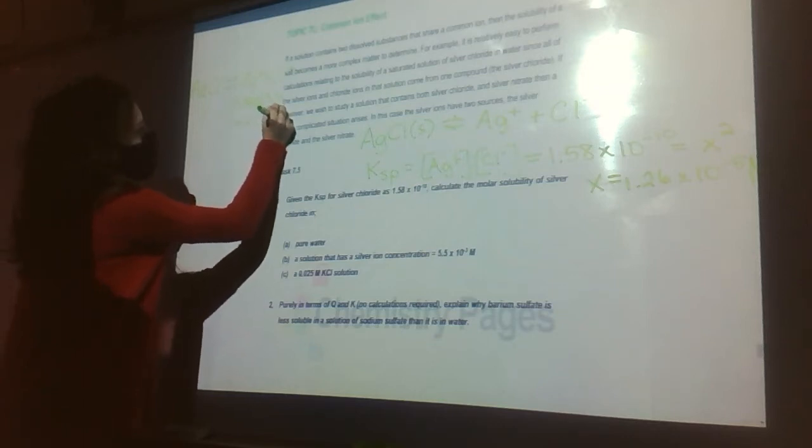I'm trying to dissolve this in a solution that already has silver in it. Does everybody agree that that's going to decrease the amount of solubility? How much it's going to dissolve? There's already junk in there. Okay. Same thing though. Plus x, plus x.